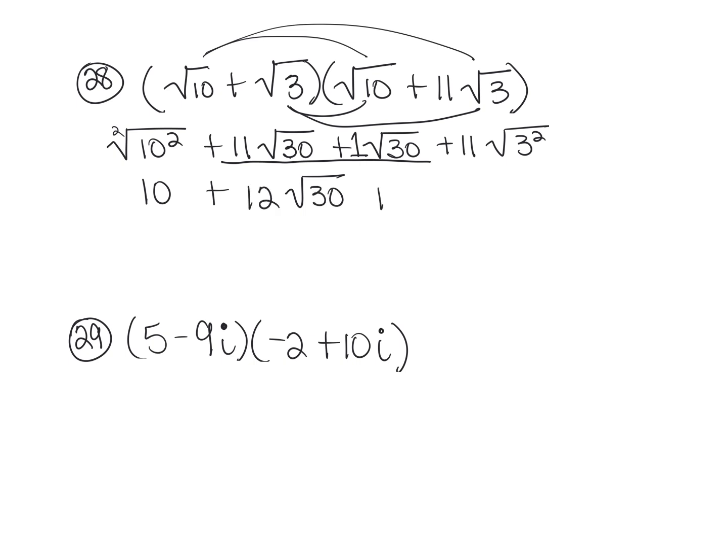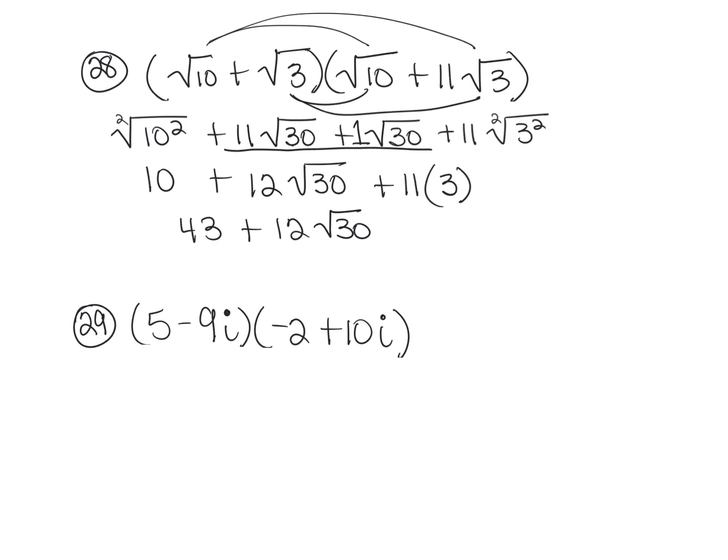And then lastly, we have the 11 is there, and then this imaginary 2 goes into that one once, so that's 10 times 3. 11 times 3. So I have 33 plus 10 is 43 plus 12 square roots of 30. You have to make sure that the square root of 30 won't get any smaller, and it will not.